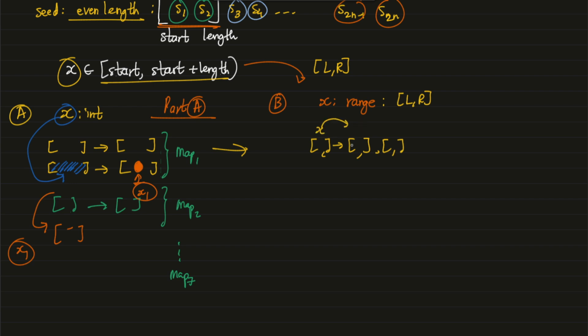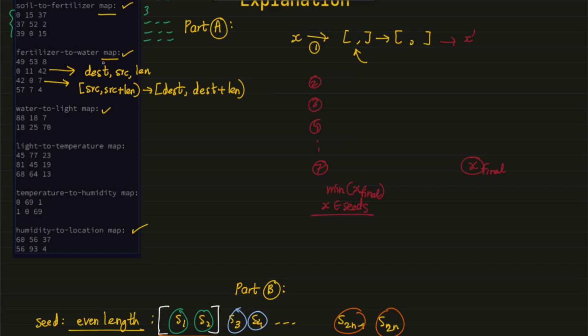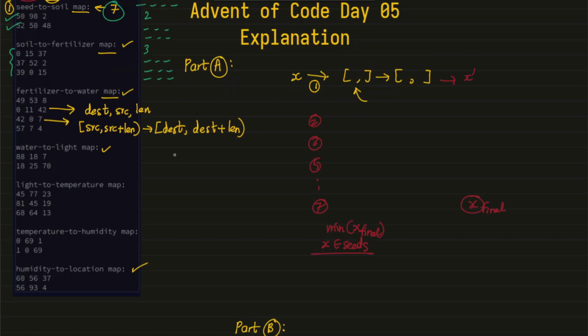You need to read the question thoroughly to understand this statement, but the main idea is, let's say x was 10, and these ranges are transformations from, let's say, 10 to 20 is transformed to 200 to 220.